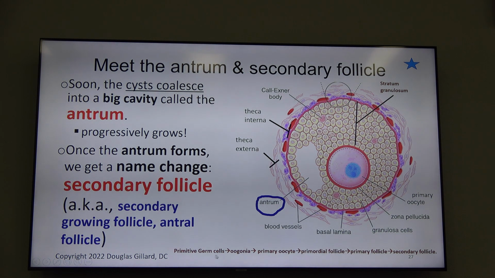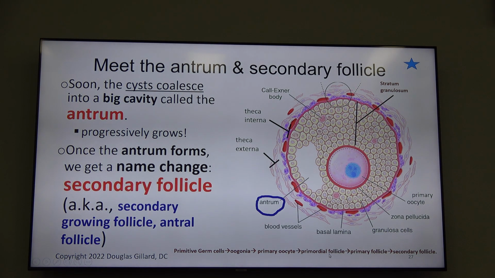So primordial germ cells morphed into oogonia. They grew a little bigger and became the primary oocyte, which was naked and afraid. The primary oocyte got a wrapping layer around it of a single cell. They're squamous at first, and then it became the primordial follicle. Remember, that's a two-part structure: it has the primary oocyte within it, and then it has that little protective layer of squamous cells around it.